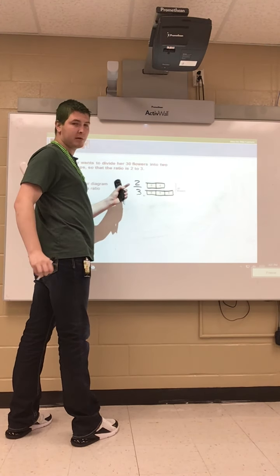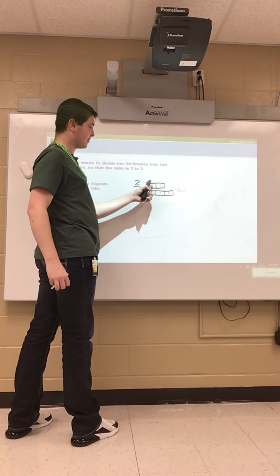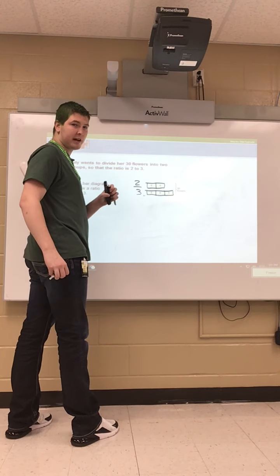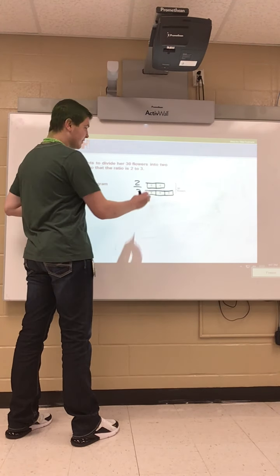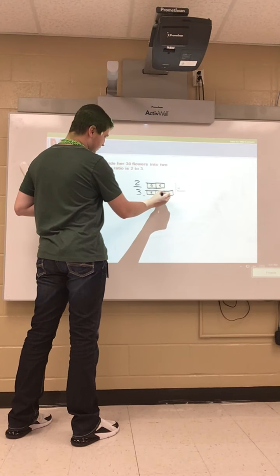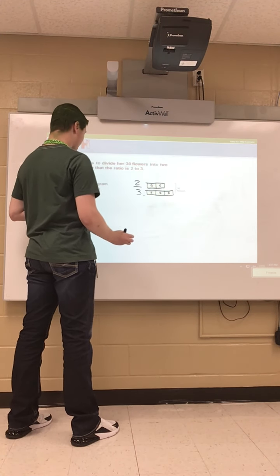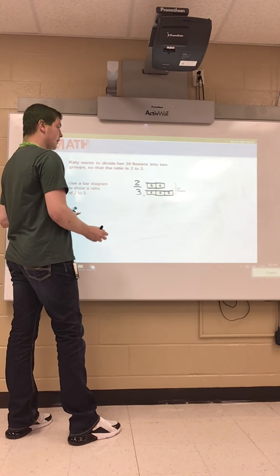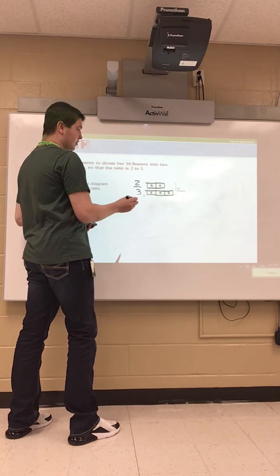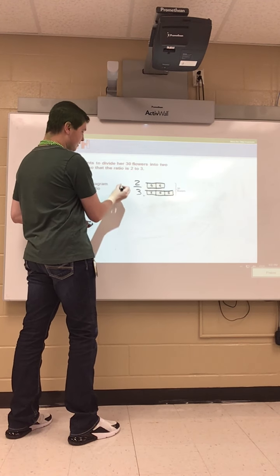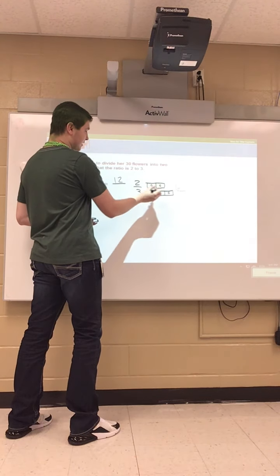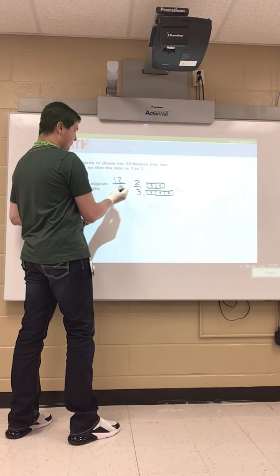So here's her 2, and here's her 3 boxes. Well, to figure out how many go in each box, count up how many boxes, 1, 2, 3, 4, 5, and divide it by how many you have. Well, 30 divided by 5 is 6. And then you can write it by counting how many are in each. So 6 and 6, that's 12. 6 and 6 and 6 is 18.